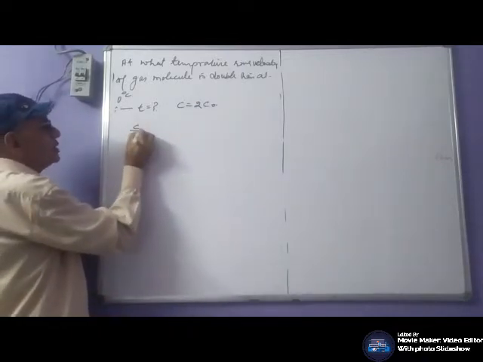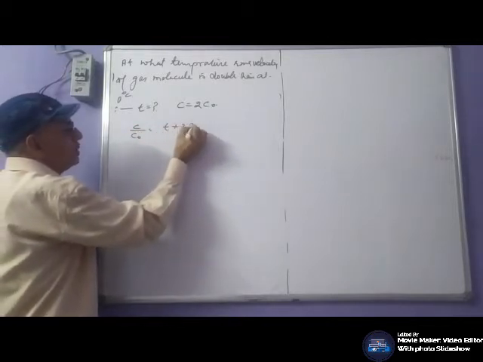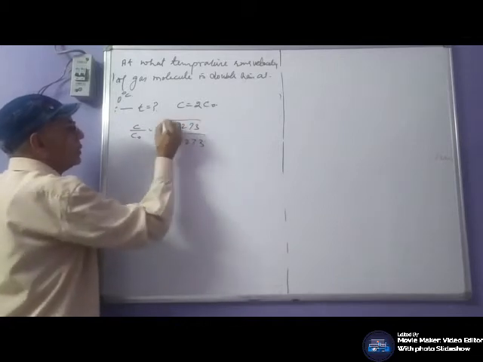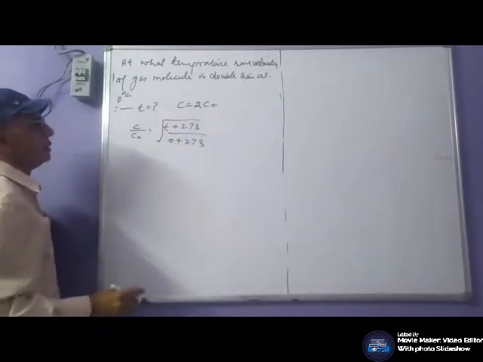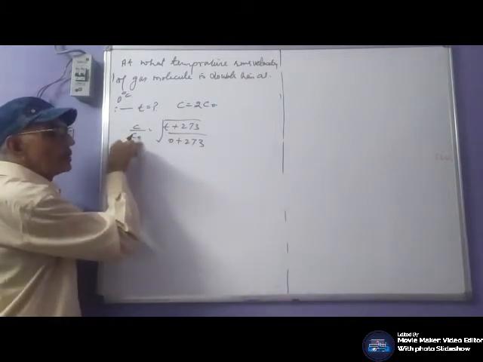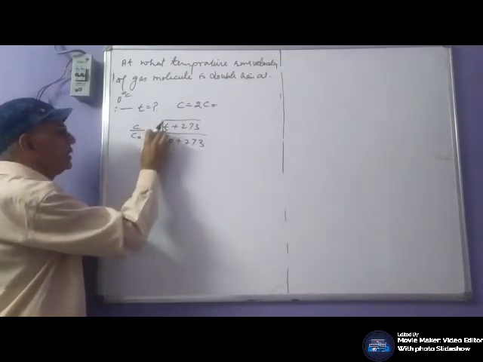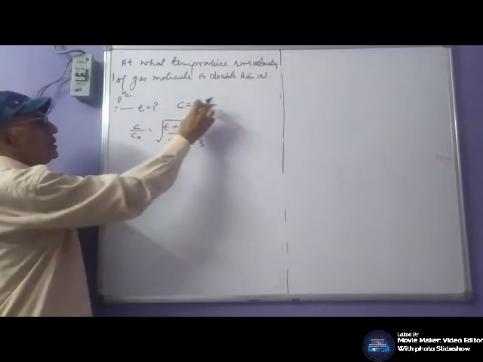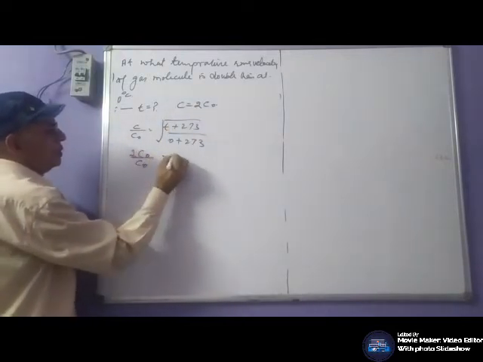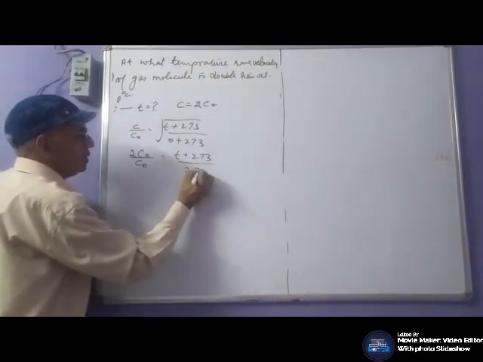We know c by c naught equals root of (T + 273) by (0 + 273). Initial was 0 degrees Celsius, where the RMS velocity is c naught. At this temperature the velocity is c, and given is c = 2 c naught, so 2 c naught by c naught equals root of (T + 273) by 273.